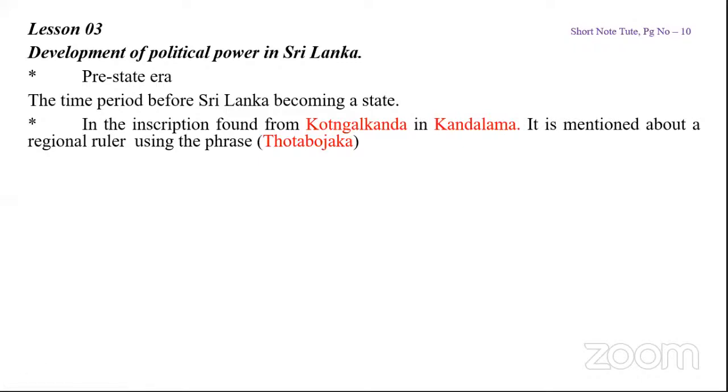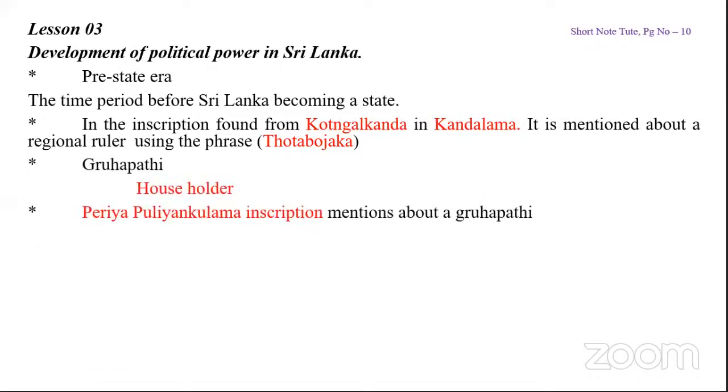In the inscription found from Kotgalkanda in Kandalama, it is mentioned about a regional ruler using the phrase Totabojaka. This was the first instance that we got information about a regional ruler. Totabojaka means the pot eater, the one who obtained the profits from the pot, the one who obtained taxes from the pot.